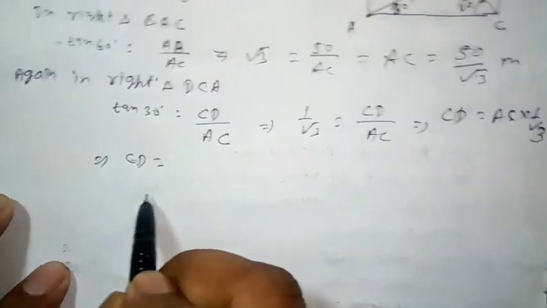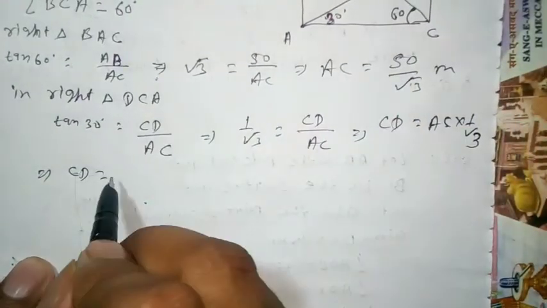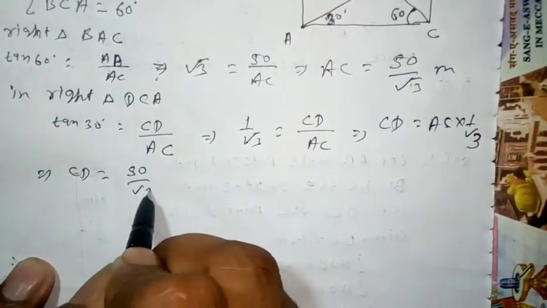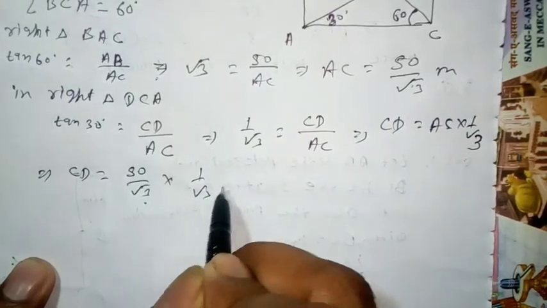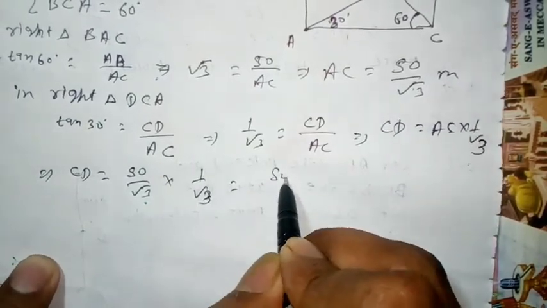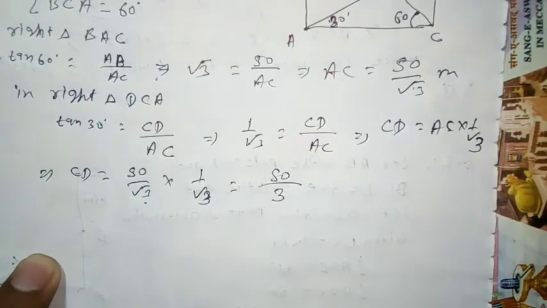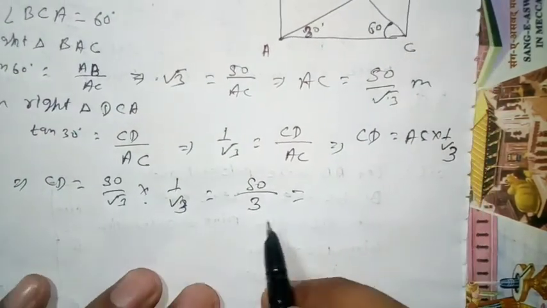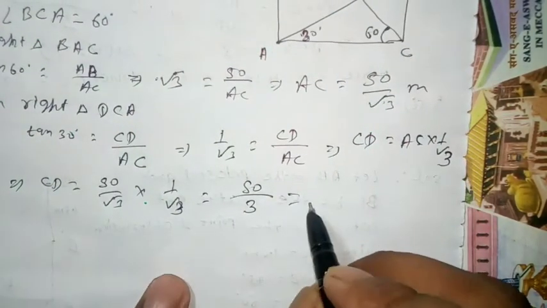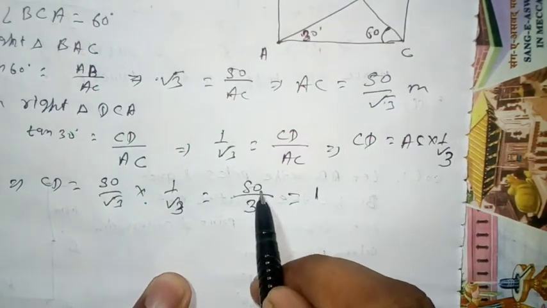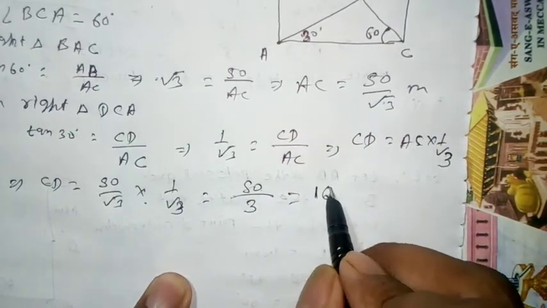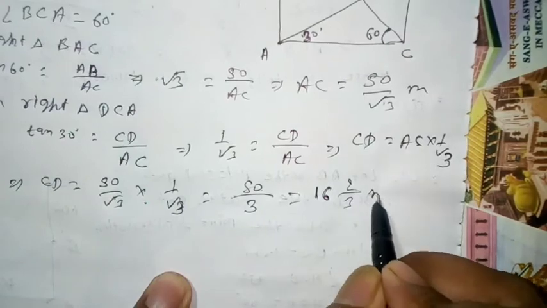Implies CD is equal to 50 by root 3 into 1 by root 3 is equal to 50 by 3 meter.